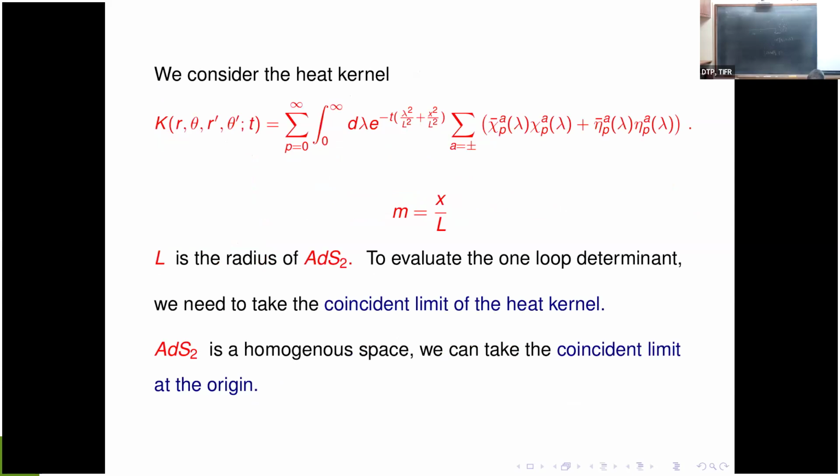And when you consider the heat kernel, this is the answer for the heat kernel. So the two eigenfunctions, this is for p greater than 0, actually it's for p less than 0, but it's written in this form. So, the full p, and the sum over the two eigenfunctions, and this is it. This is the heat kernel, and again we take the coincident limit and look at the origin.